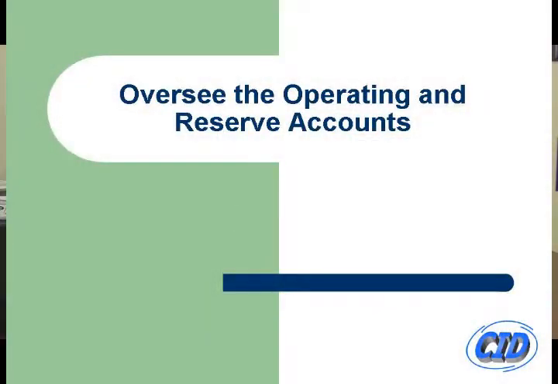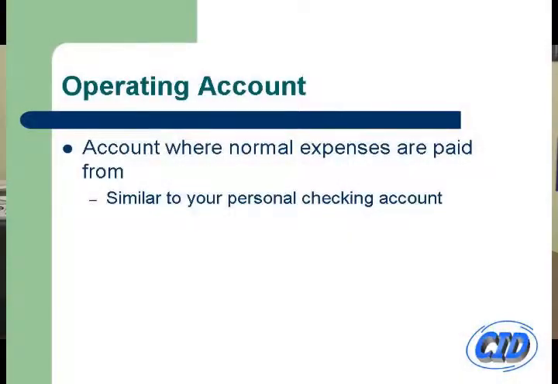The first area of responsibility that you're going to have is overseeing the operating and the reserve accounts for your association. What are they? What do they both mean? The operating account is the account that is used to do your daily transactions, pay the bills, the vendors, that sort of thing that come in each month.